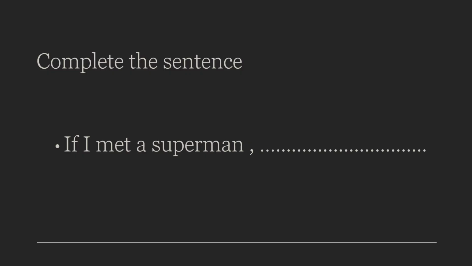Next, last is "if I met a superhero." Now this condition, if I say "if I met a superhero," is itself imaginary. Earlier we were talking about the result, which depends on the grammatical structures, right?